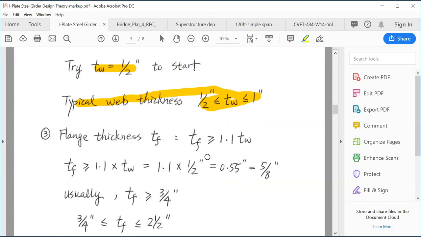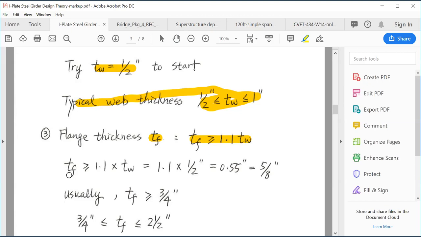Okay, based on the geometric requirement of the flange, first we need to set the flange thickness, and the flange thickness needs to be 10% thicker than the web thickness. So if you already have the web thickness, we start from there and multiply by 1.1, and that's the minimum thickness of the flange.